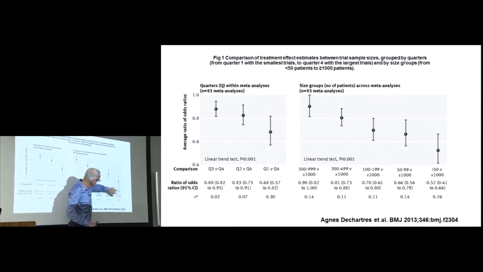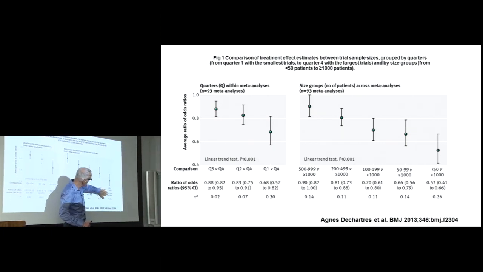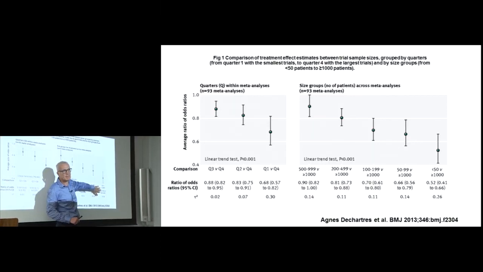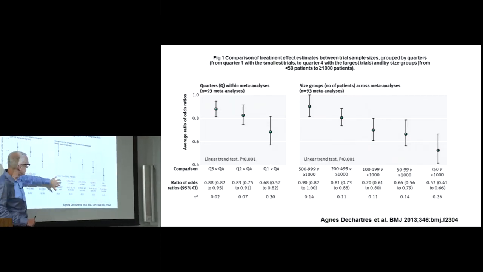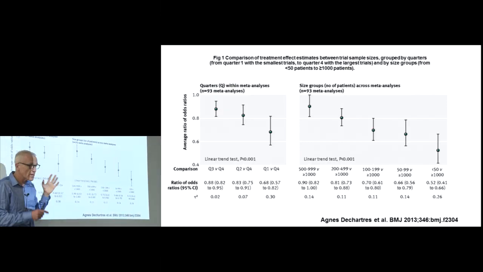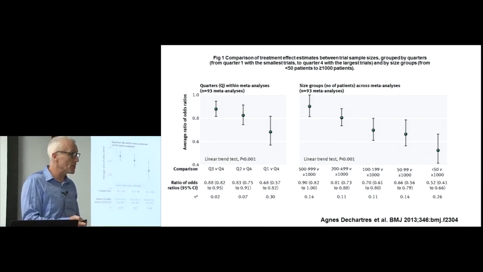Small trials, with less than 50 patients, compared to larger trials with more than 1,000 patients, just get much bigger treatment effects. So small trials always greatly overestimate the treatment effects if you look across meta-analyses. So meta-analyses of small trials are really unreliable.